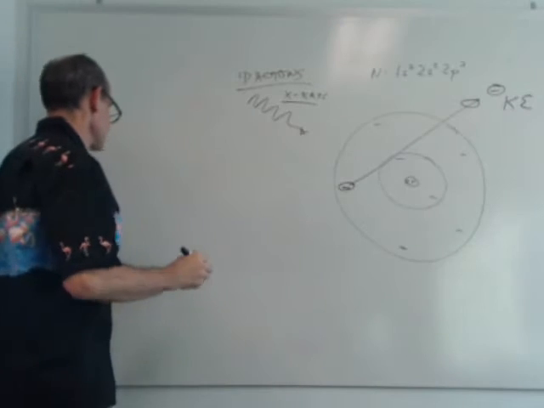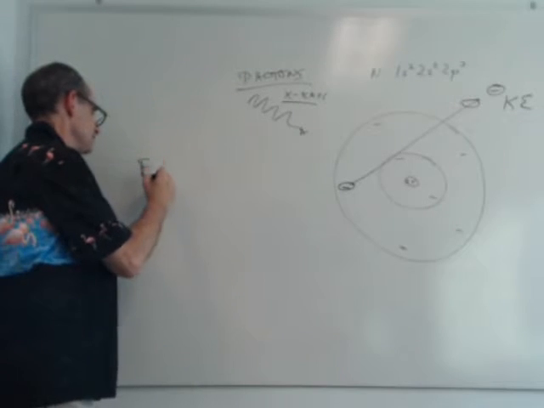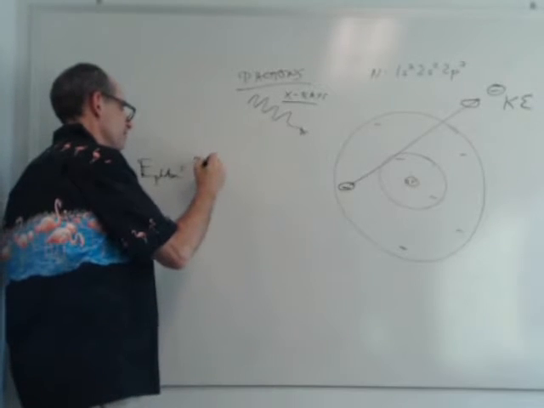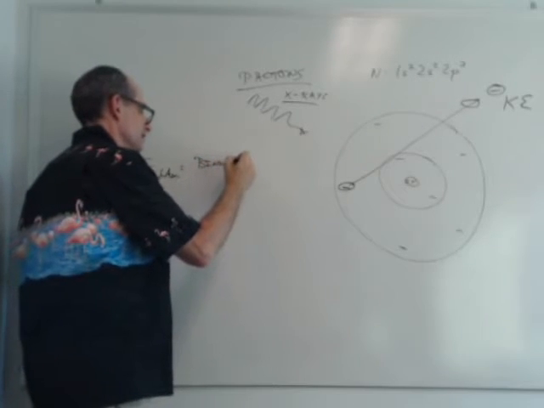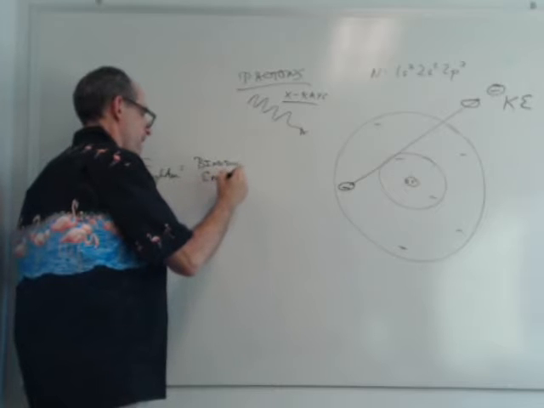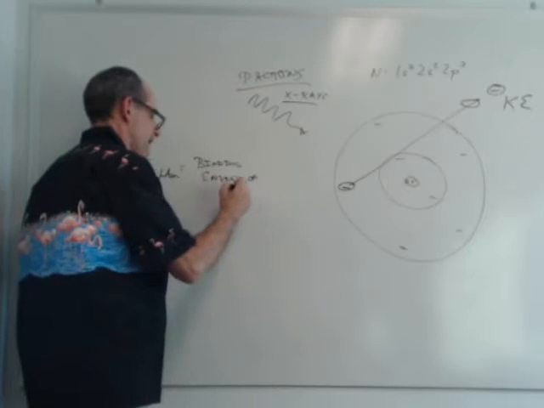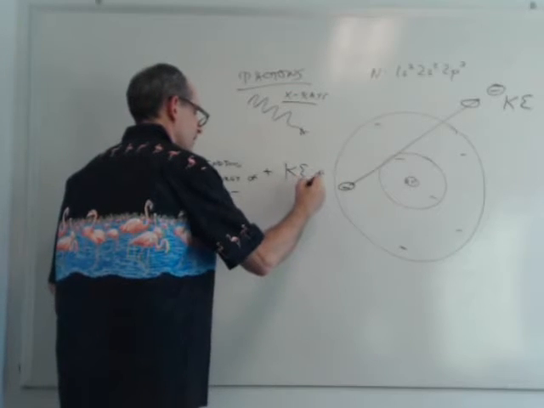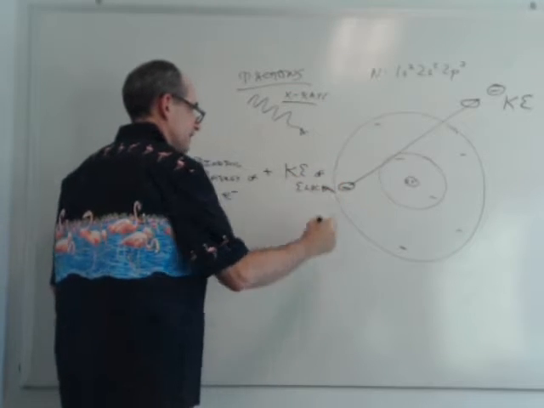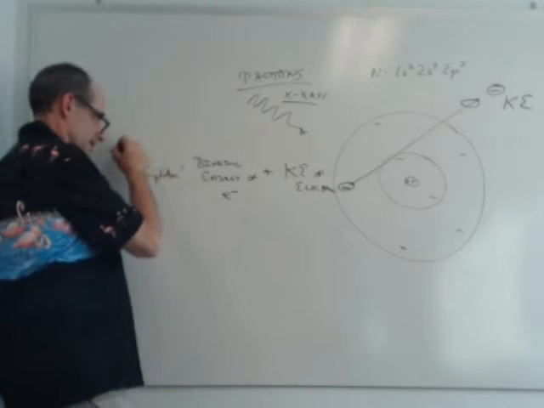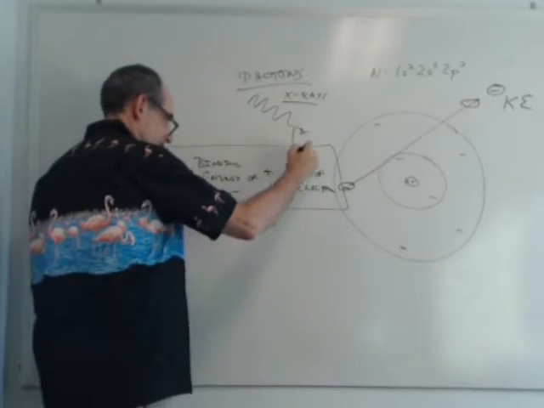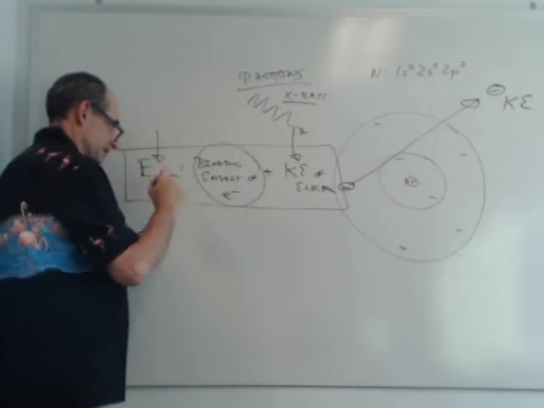Since energy is conserved, the energy of the photon is equal to what we'll call the binding energy of the electron plus the kinetic energy of the electron, the energy of motion. Since the photon energy can be measured and the kinetic energy can be measured, we can directly calculate the binding energy.